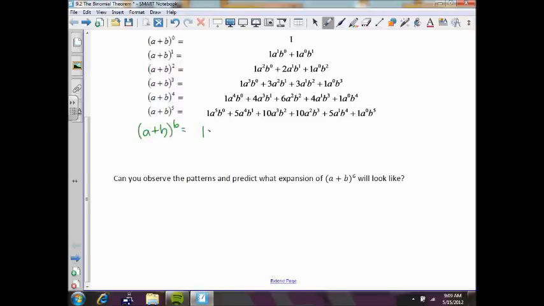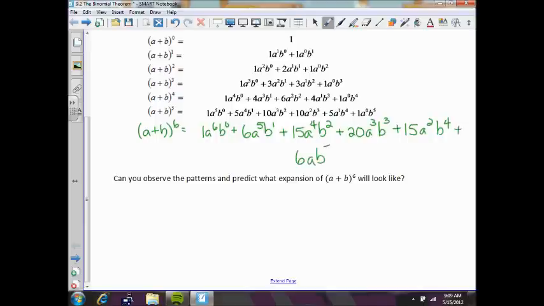I know it's going to be 1a to the sixth b to the 0, plus, I'm going to add the 1 and the 5, and believe it or not, this is true, 6a to the fifth b to the first plus 15a to the fourth b squared plus 20a to the third b to the third plus 15a squared b to the fourth plus 6ab to the fifth plus b to the sixth power.